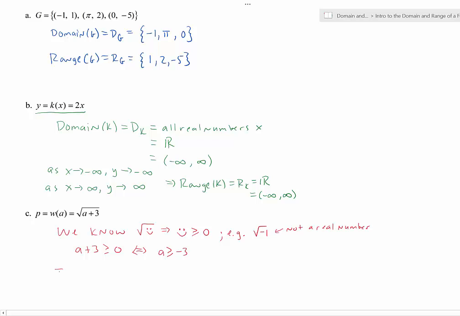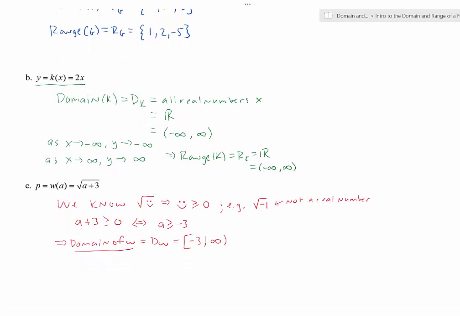Hence, we get that the domain of w, or d sub w, is going to be negative 3 to infinity, and we include the negative 3, hence we use the bracket in our interval notation. If you forget about interval notation, we'll have another video on that at some other point.